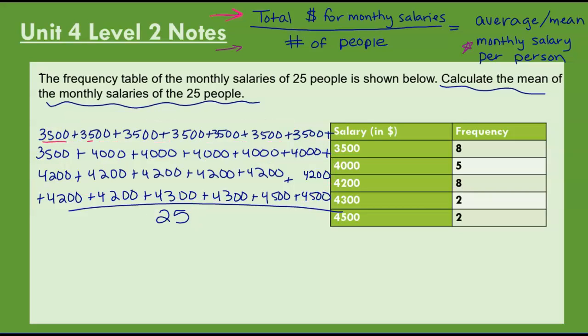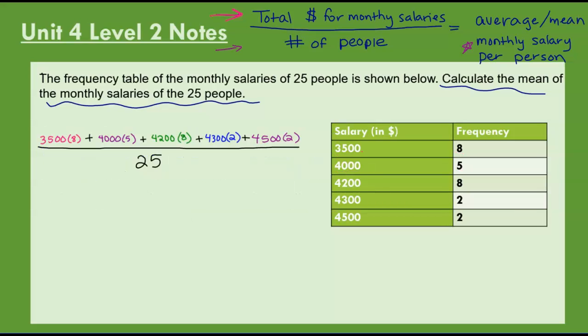And we know repeated addition is really multiplication. So let's multiply 3,500 by 8 and 4,000 by 5. And let's just be a little smarter with our work here. So this is truly what we are calculating. So if I do 3,500 times 8, I get 28,000.